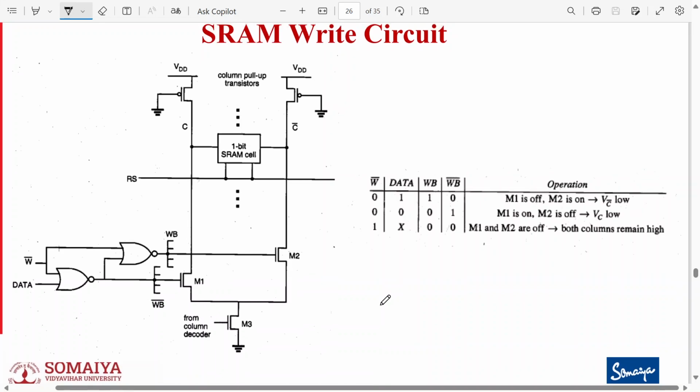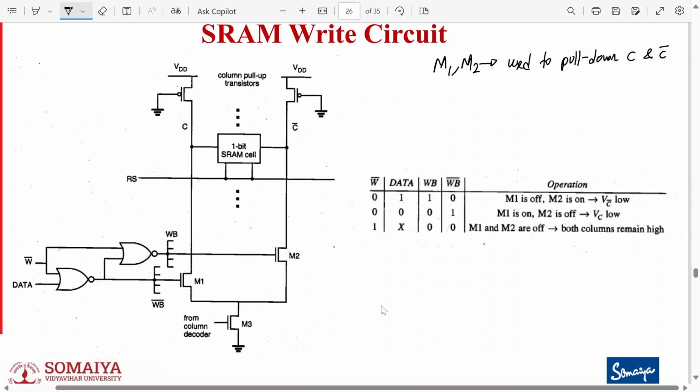So here M1 and M2 are used to pull down the two column voltages C and C bar to ground, while M3 completes the conducting path to the ground.